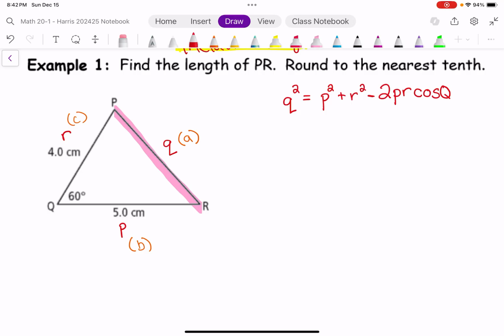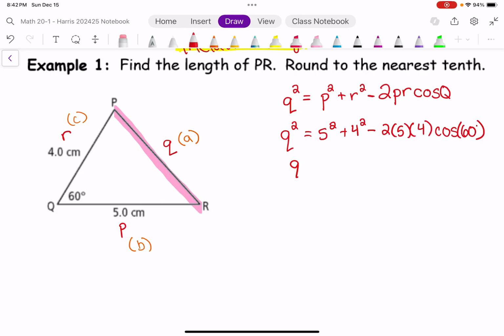This is how my new formula is going to write out. Now I just need to type all the pieces in. So here I have Q squared is equal to 5 squared plus 4 squared minus 2 times 5 times 4 all times cos of 60 degrees.